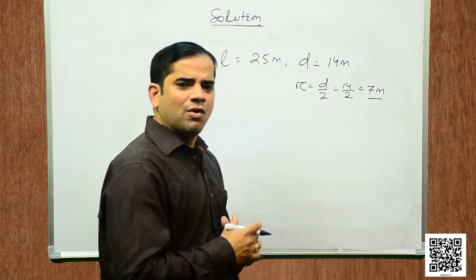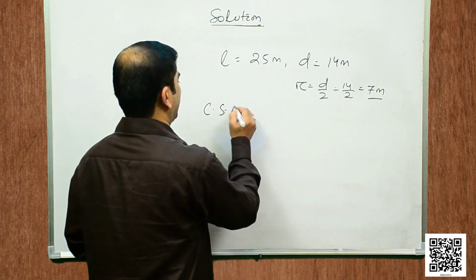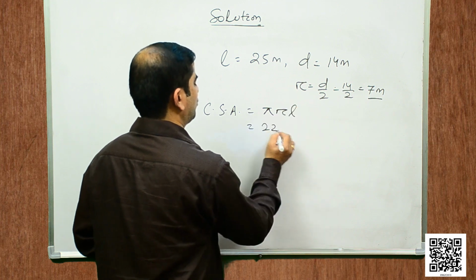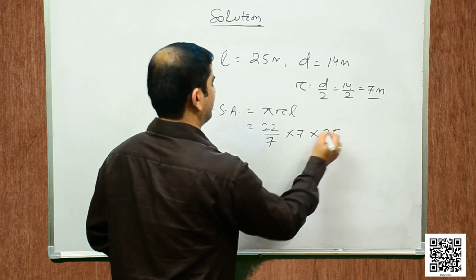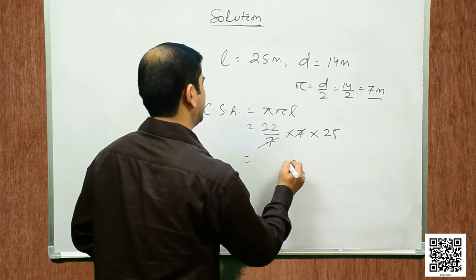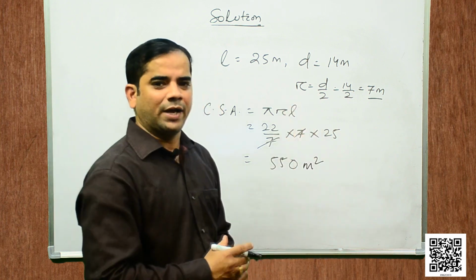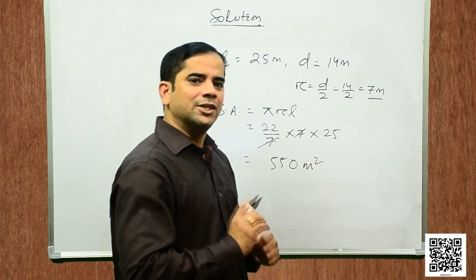So let us now find out the curved surface area. So curved surface area is equal to pi R L, that is 22 by 7 into 7 into 25, 550 meter square. Okay, the curved surface area is 550 meter square.